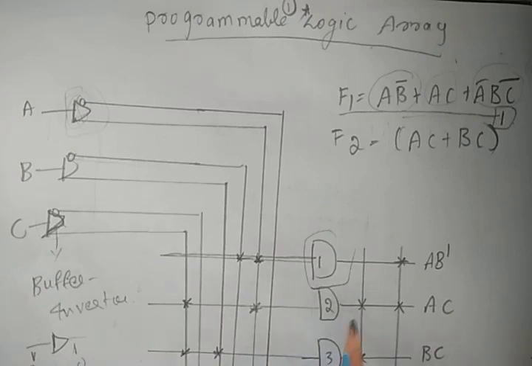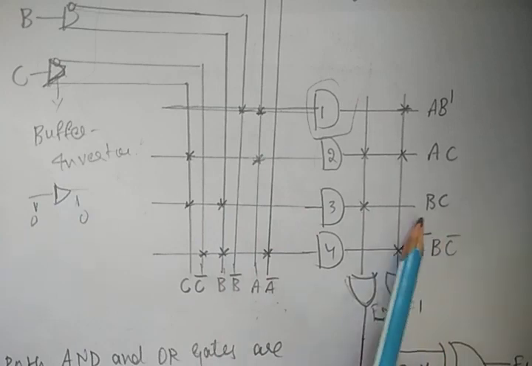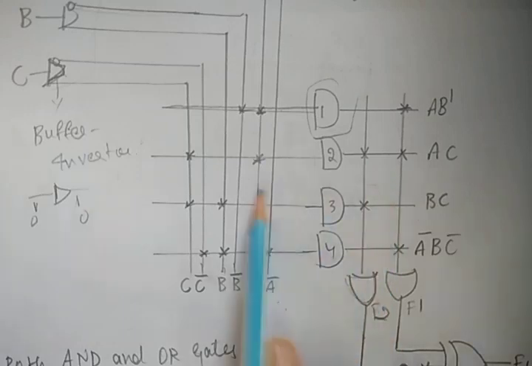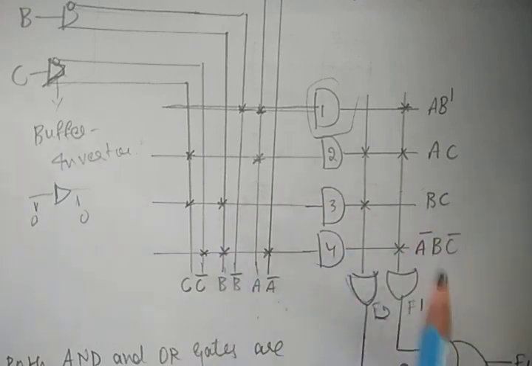The concept of programmable logic array is that both the inputs of an AND gate and the inputs of an OR gate are programmable. This is the input for an AND gate, this is the input for an OR gate. Both are stars, which means both will be changing. Both are programmable. Both are not fixed. So the concept is both will be changing accordingly.